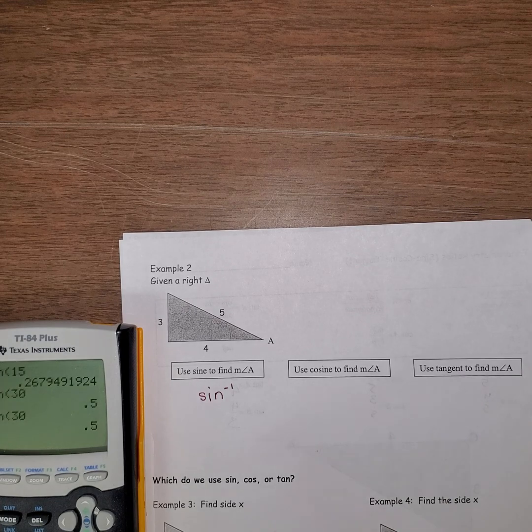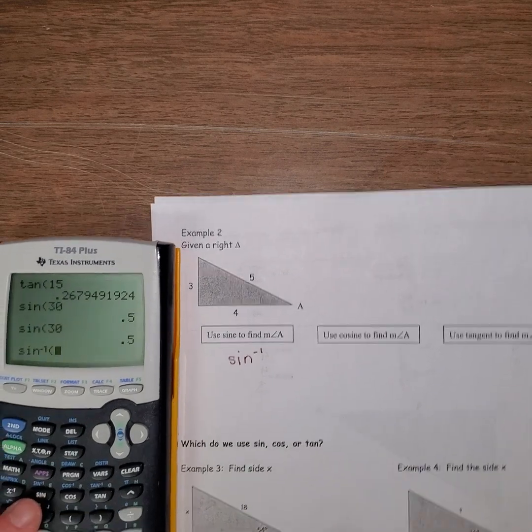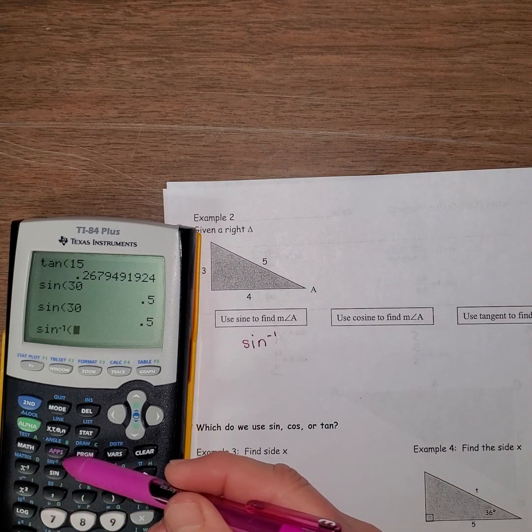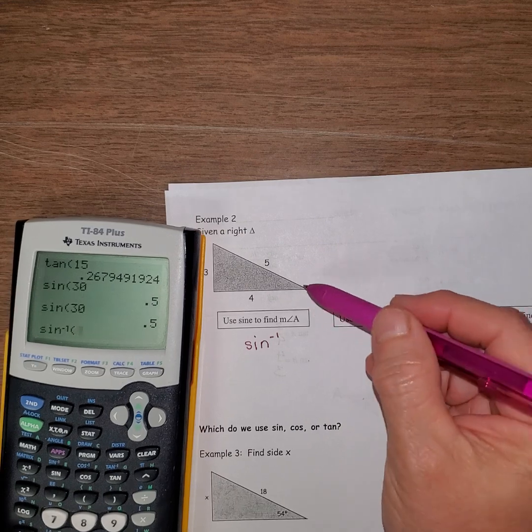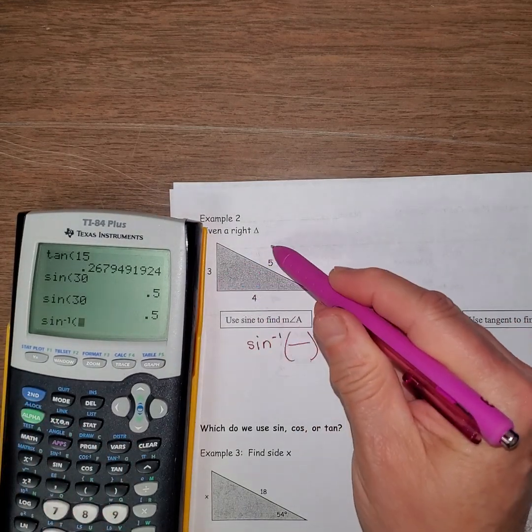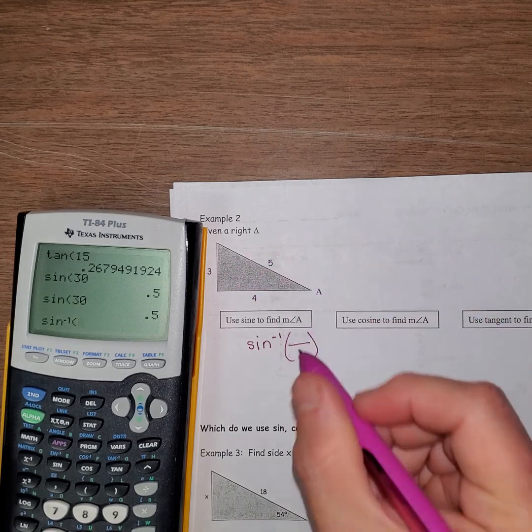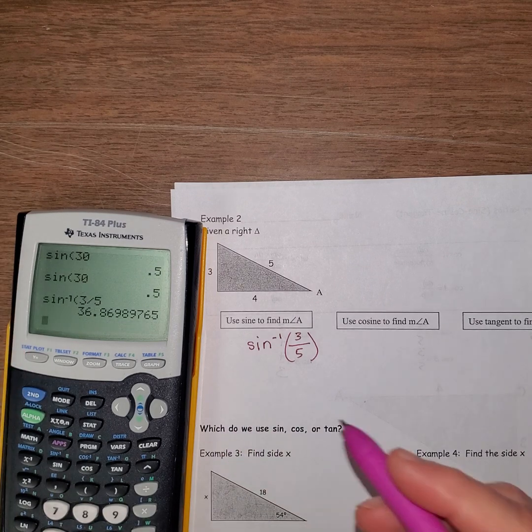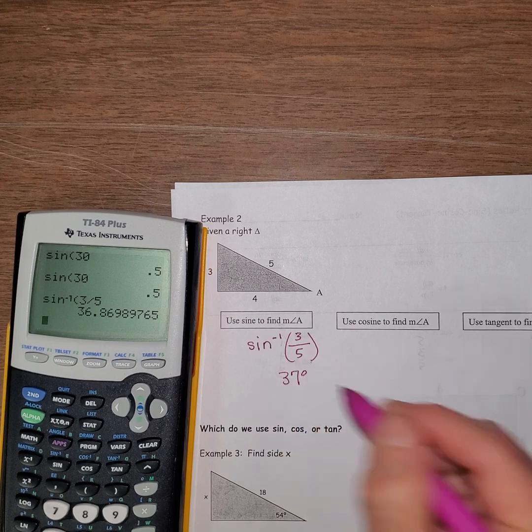On this one, you'll have to say second sine, right over the top of sine, so you'll have the sine to the negative 1, the inverse sine. Once you do that, you have to put in the right fraction because it's opposite over hypotenuse for sine, so you would use 3/5. So you say 3 divided by 5, and you get about 37 degrees. So it'll round to 37 degrees.